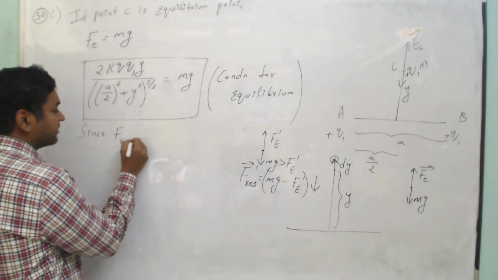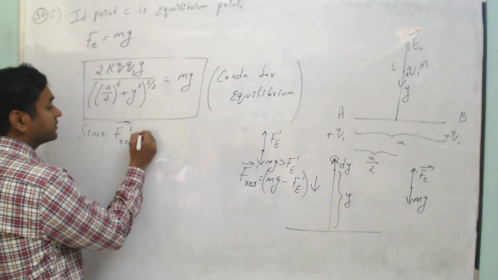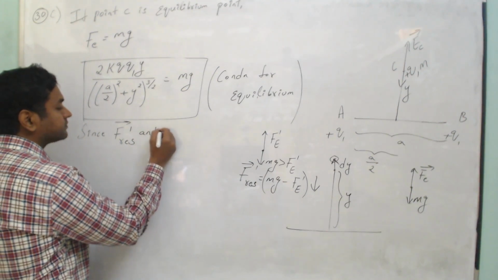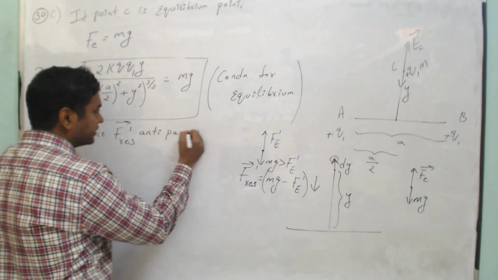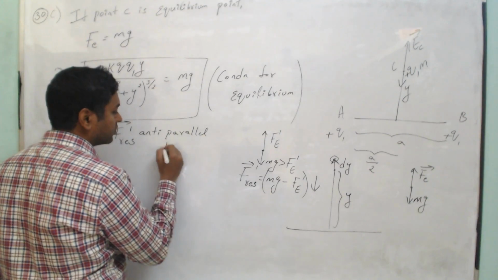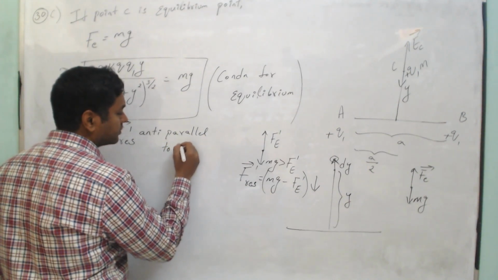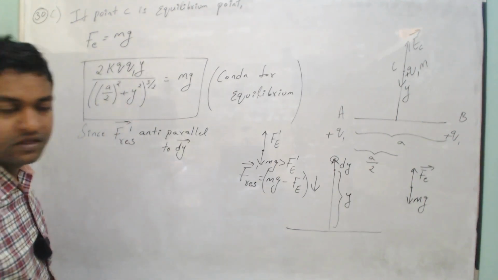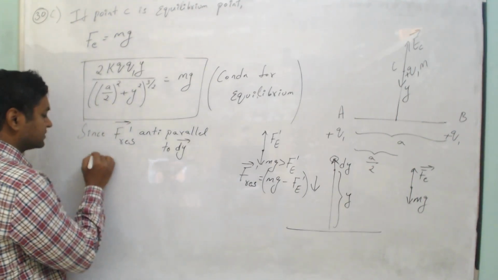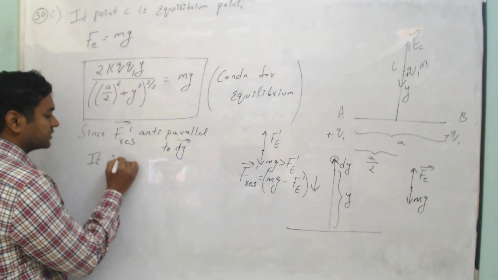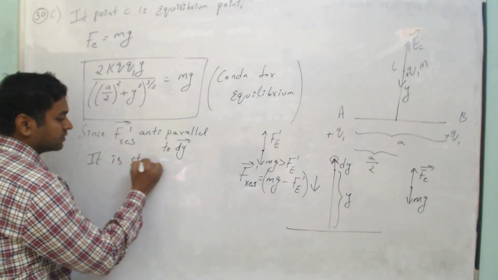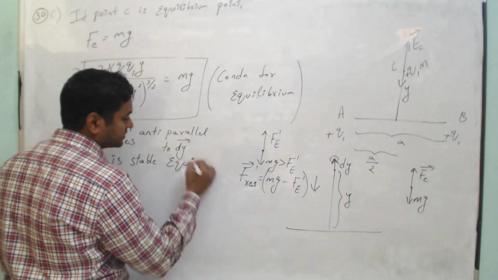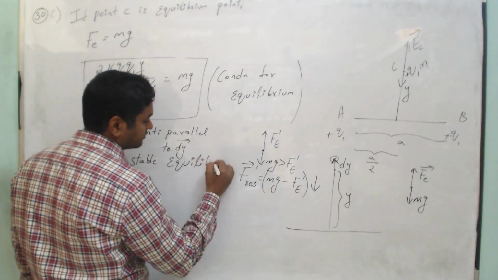So since F resultant dash vector is anti-parallel to the dy bar displacement vector, we can say that it is a stable equilibrium. Is this clear? Understood? We can say it is a stable equilibrium.